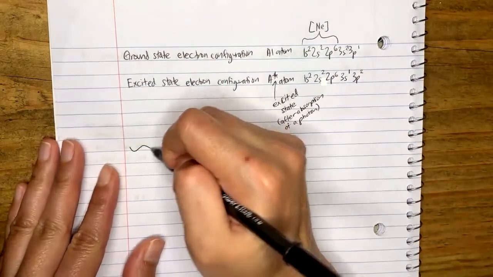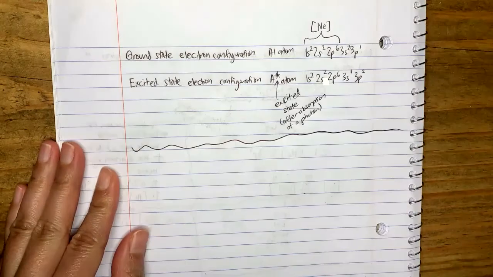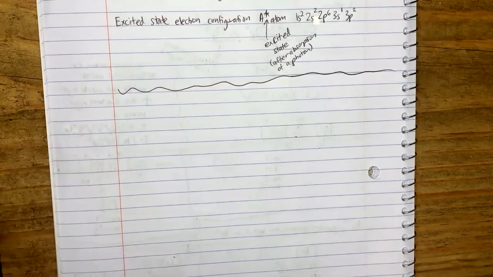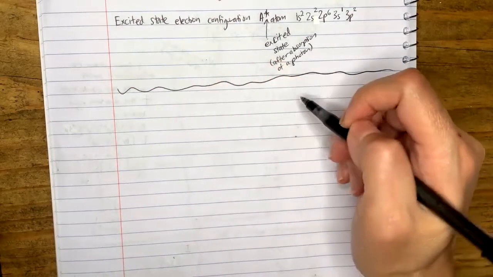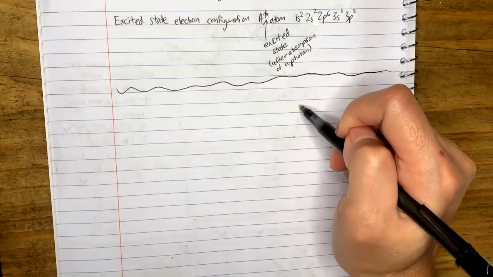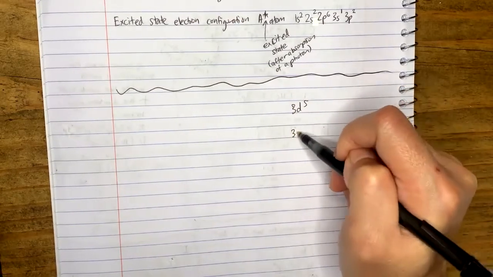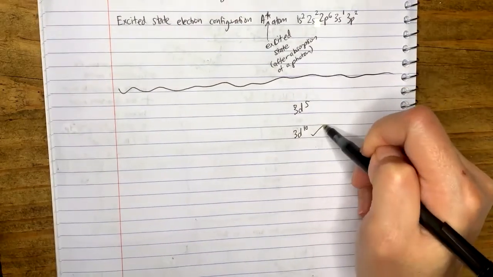Now, sometimes you will see exceptions. With everything we have, we always show you exceptions. An exception is when you sometimes fill d orbitals by 5, for example 3d5 or 3d10. 3d10 is the most stable option.